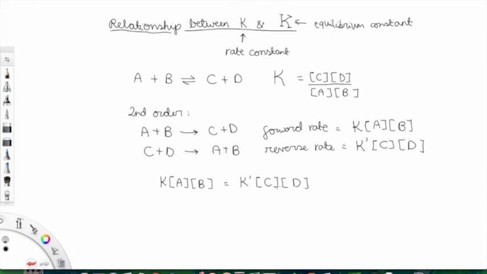And so we can rearrange this so that it looks like the equilibrium constant equation, where k over k' is the concentration of the products over the concentration of the reactants, which is equal to big K, or the equilibrium constant.